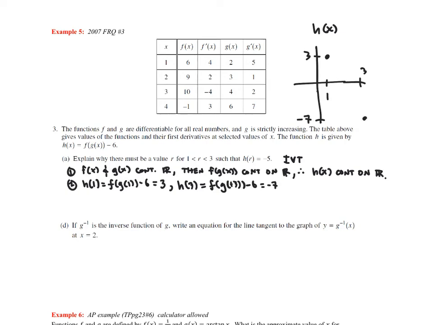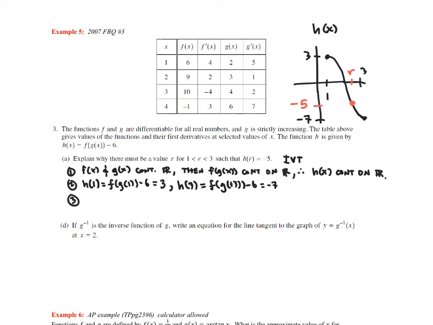I don't know what the function is going to look like, maybe it looks like this. But I know that there has to be an r value such that h of r equals negative 5. Intermediate value theorem at its purest form.